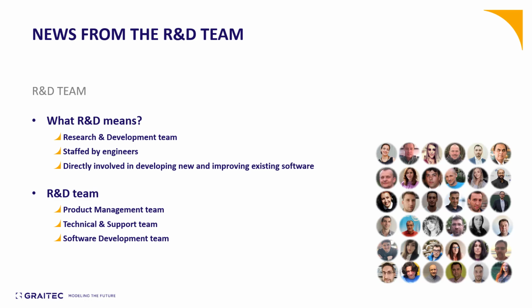The product management team, so structural engineers that prepare plans of the development, monitor the progress, and do the technical research and specifications. The other group is the technical support team, so structural engineers again, specialists that are close to the programmers. They do support and testing of our software analysis. And of course the software development team, mainly programmers that do the most important part of the coding.